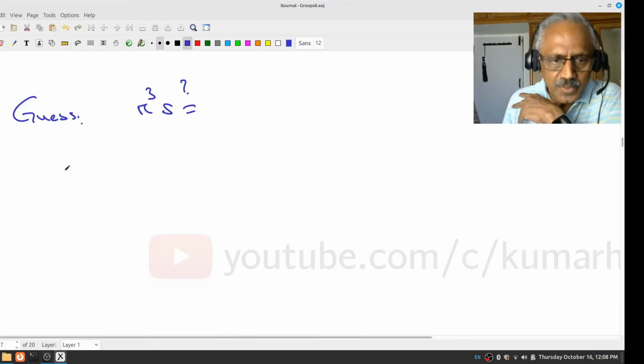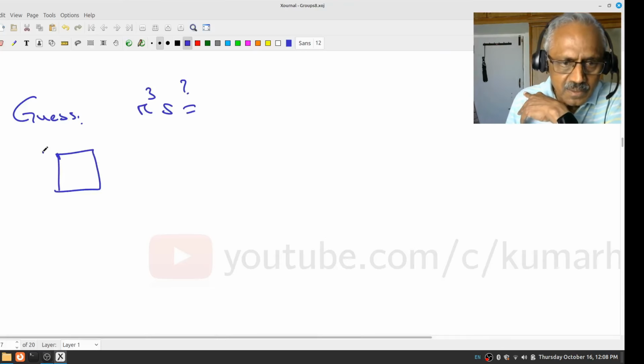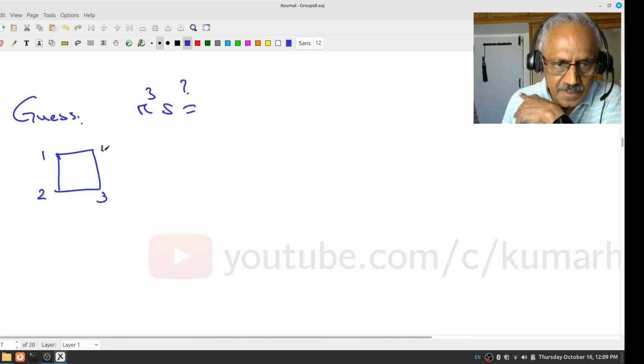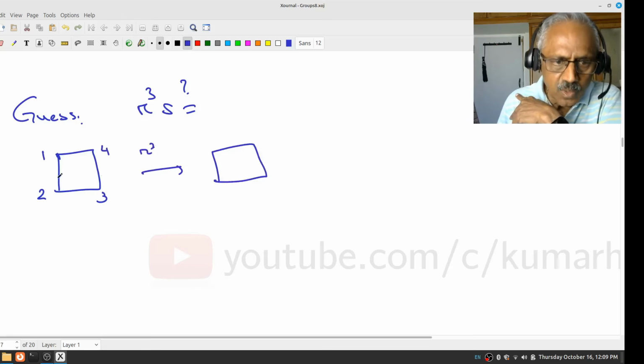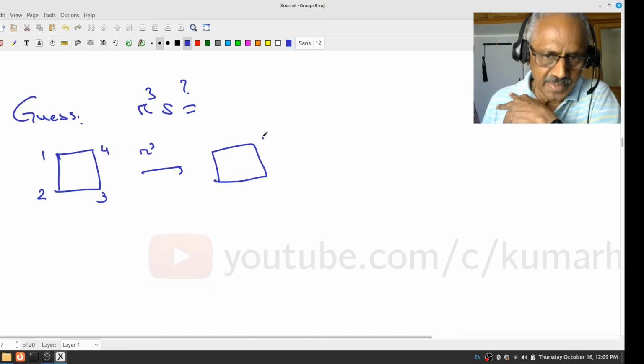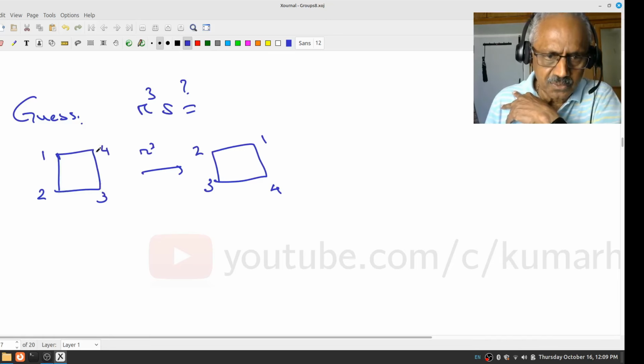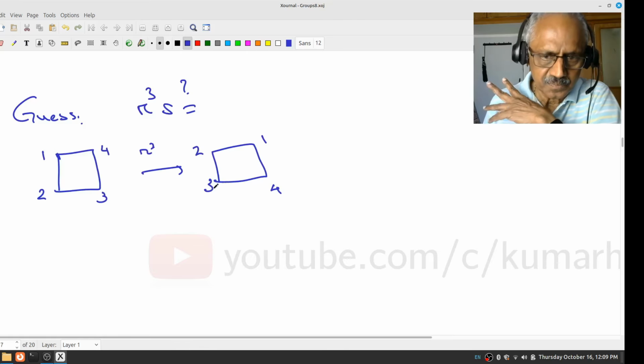So R cubed, I will not write everything here, it will be easier. When I applied R cubed, what do I get? 1 goes to 2, 2 goes to 3, 3 goes to 4, therefore 1 goes to 4, right? Therefore this will be 2, this will be 3, this will be 4. And 2 goes to 3, 3 goes to 4, 4 goes to 1, therefore this.